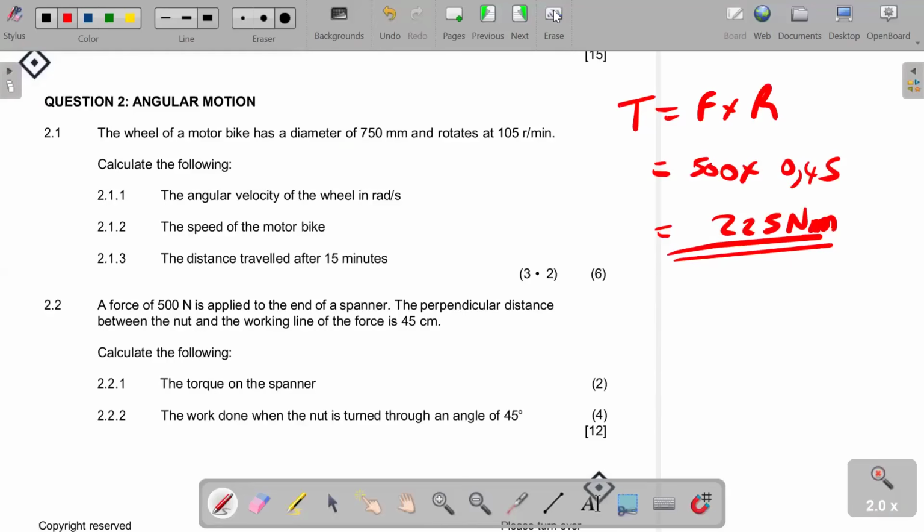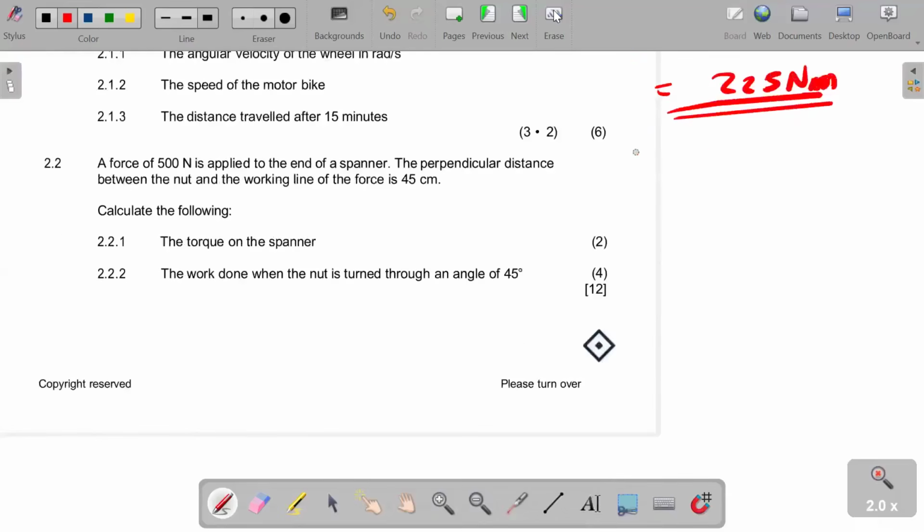Let's go to 2.2.2. The work done when the nut is turned through an angle of 45 degrees. Okay, so work done is equal to torque multiplied by theta, where theta must be in radians. Here we have been given our theta in degrees, 45 degrees, so we want to change it to radians. 180 degrees is equal to pi radians.